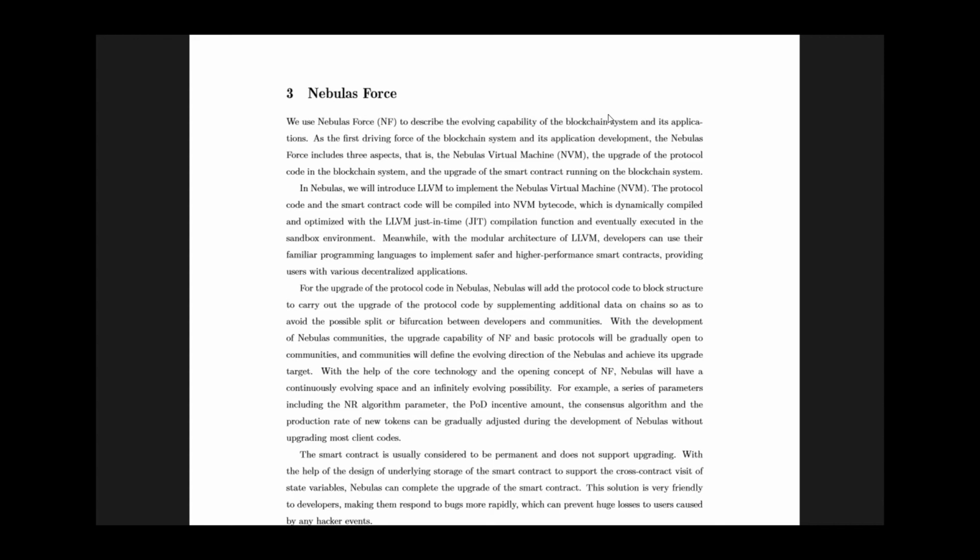So it's all a bit technical, but basically they have found a way, or they claim to have found a way, to make Nebulas self-evolving. And if that happens, Nebulas will have a huge advantage over other public blockchains in terms of development and survival potential. It also then allows developers to respond faster to loopholes with upgrades and prevent huge losses caused by hacking.